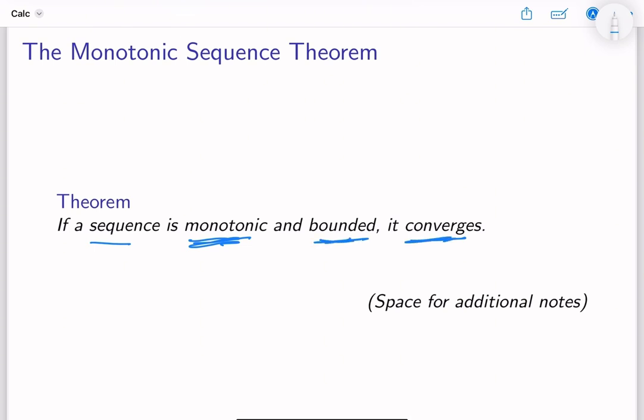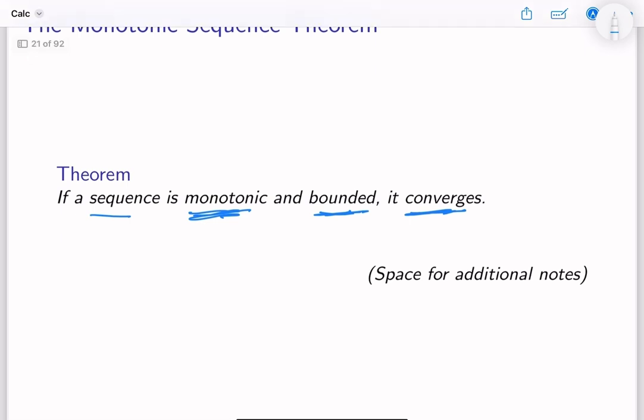So the proof of this theorem is not hard, but it uses some tools that we won't cover in this course. So you might see this in an analysis course or something. So let us take an example, but before we do that, let me stress something very important. We're not saying that if a sequence is convergent, then it's bounded and monotone.